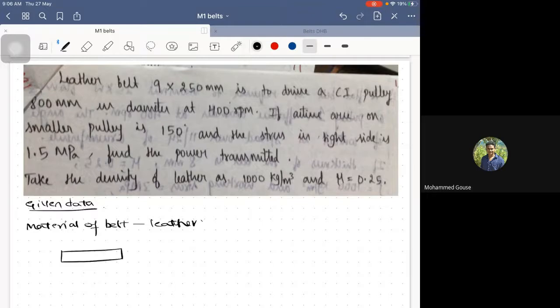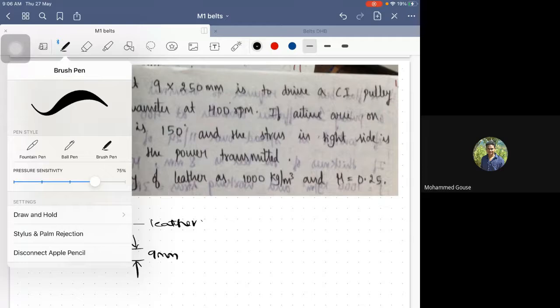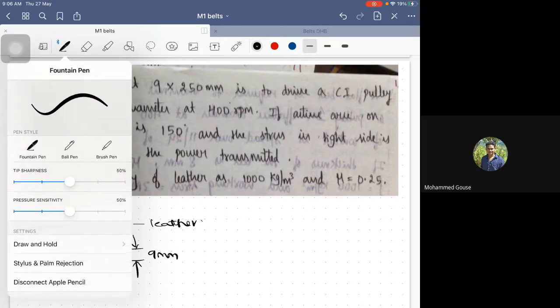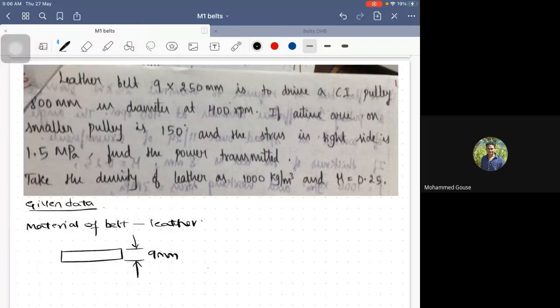So it is a flat belt which has 9 mm of thickness, and the width is 250 mm. So the cross section of the belt is specified there. Very good. It is to drive a cast iron pulley.